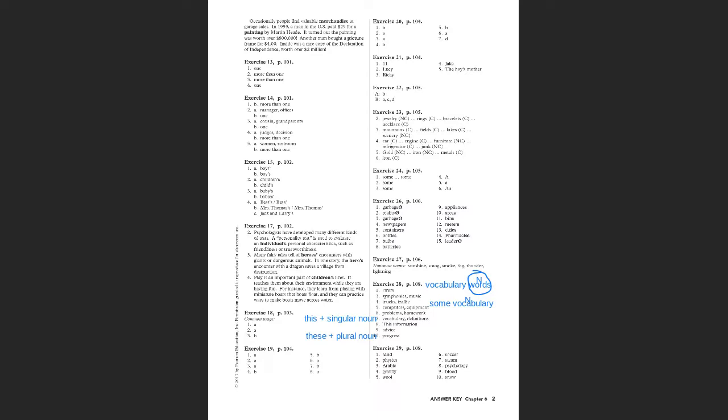Now, the second one on your screen is these. Everybody say these. These is spelled with an E, but we do not say eh. We have to say it E, just like he, she, these.